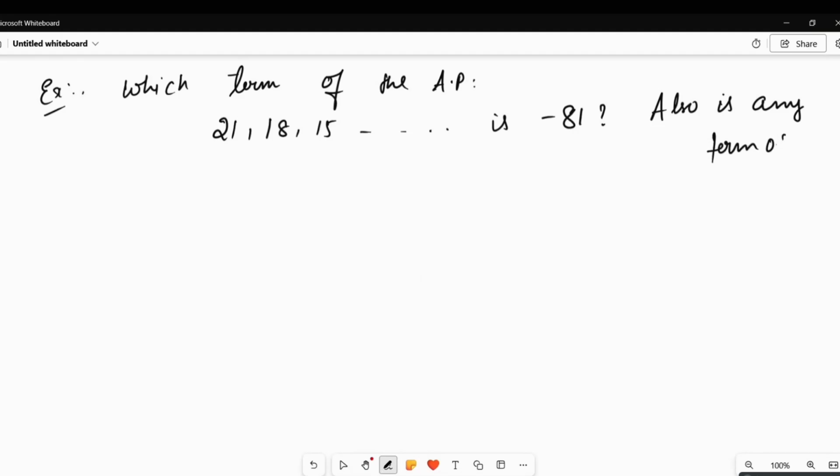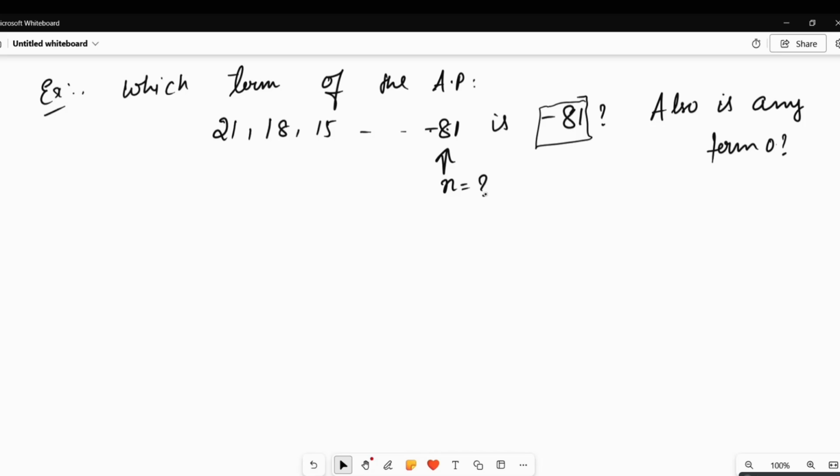This is the question. So he is asking, which term do we get as the value minus 81? Somewhere in between you will get minus 81. So which term is that? Here you have to find the n value.